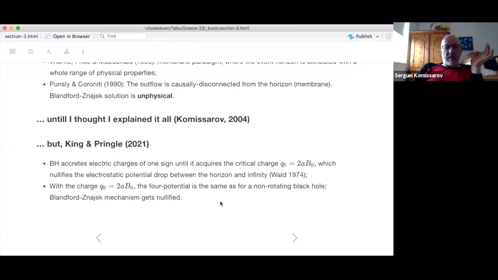But non-rotating black holes cannot drive a Blandford-Znajek outflow, and therefore, when the black hole accumulates this Wald charge, the Blandford-Znajek mechanism can no longer operate; it gets nullified.